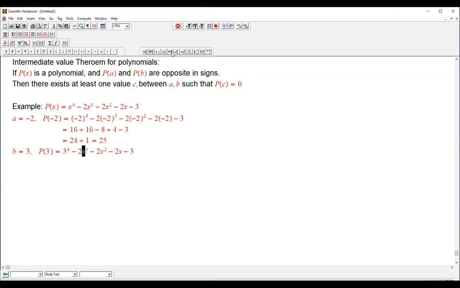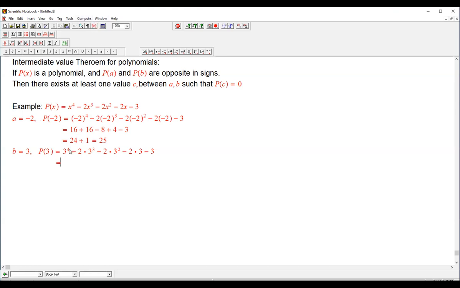So we're going to just choose x equals 3. I'm just going to quickly double check that I get the right number. 25, that was good. And plug in the numbers over here.